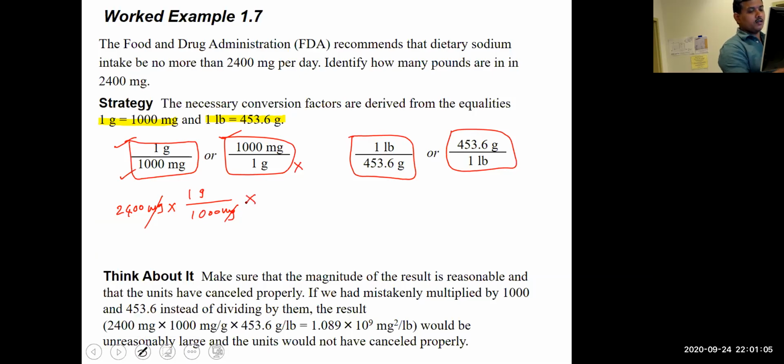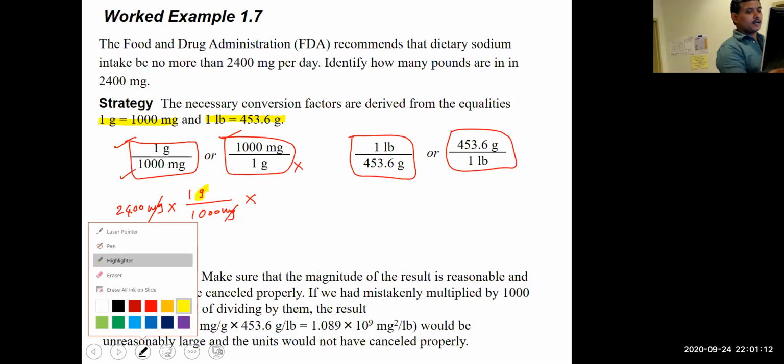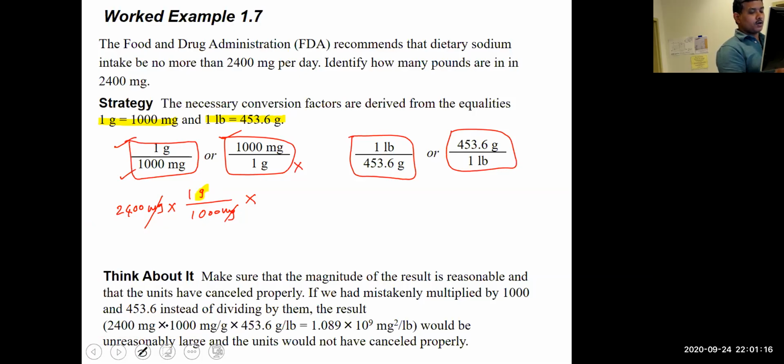Now you are left with the unit of grams at the top here. Now you need to convert the grams into pounds so that you will end up with the answer that you are hoping to end up with. You convert grams into pounds by multiplying with the conversion factor between grams and pounds, keeping the grams in the denominator.